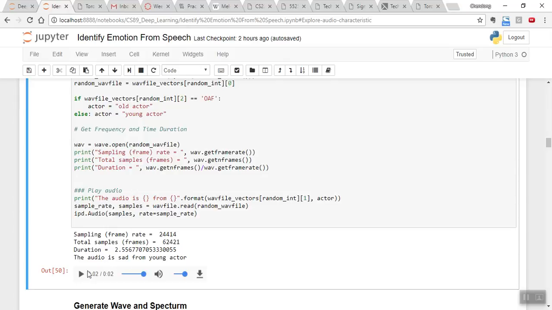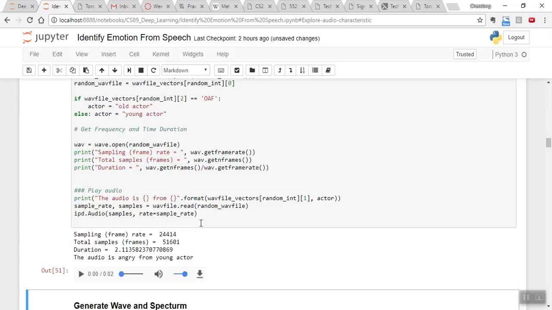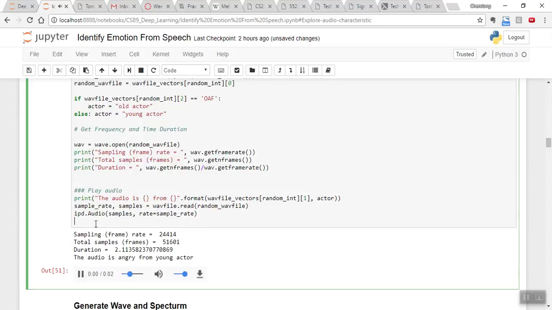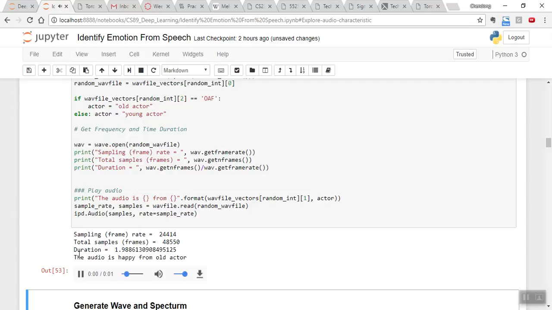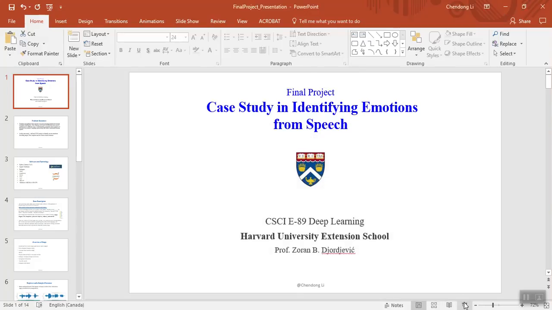I'm not sure you can hear it, but let's see another one. This is angry emotion. Say the word vote. Say the word vote. Let's try an old one. Oh, this is old. Say the word sell. This is an old actor.